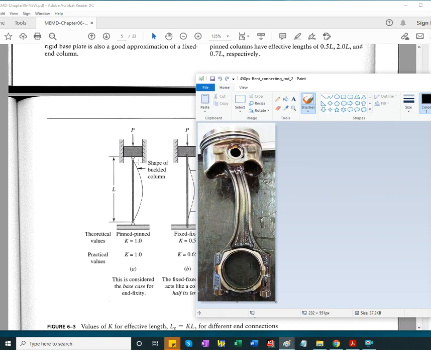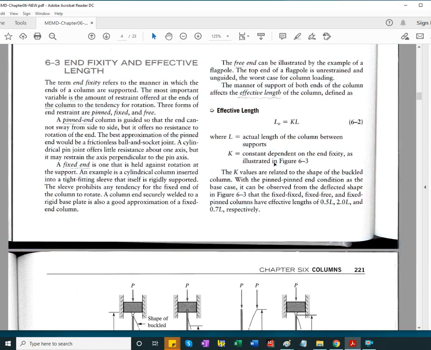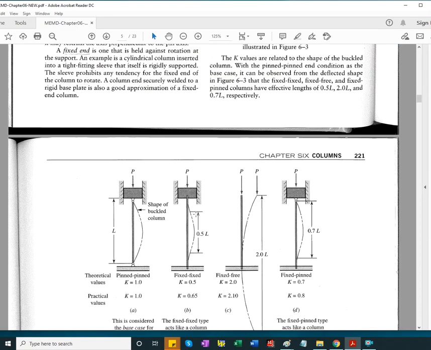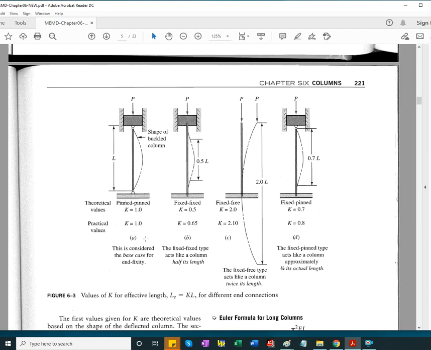So the possibility of rotating about pin joints, and the end fixity, it's called pin and pin. There will be an end fixity coefficient, constant, called the end fixity coefficient. It's considered to be one, whether theoretical or practical value.